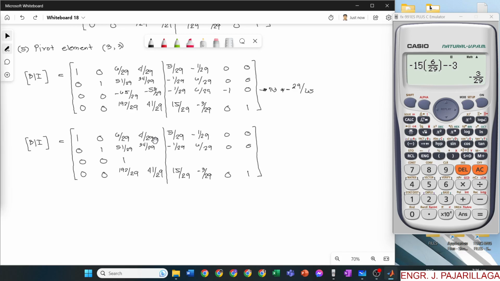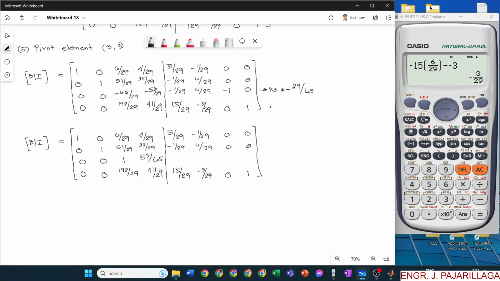So here, wait, okay. So this, we have negative 53 over 29 minus negative 29 over 65. So we have 53 over 65. We have negative 1 over 29 minus 29 over 65. We have 1 over 65.